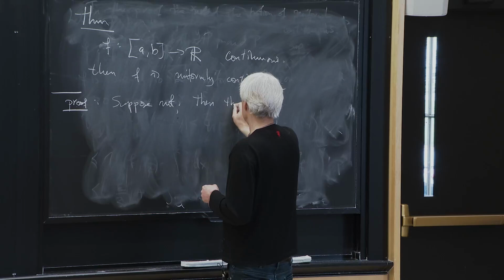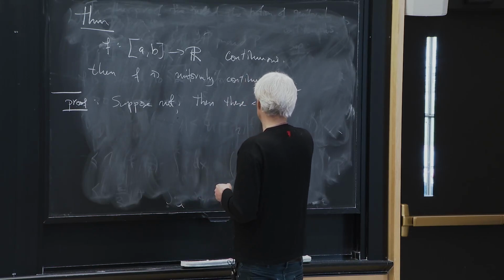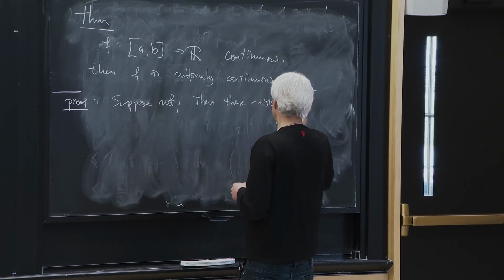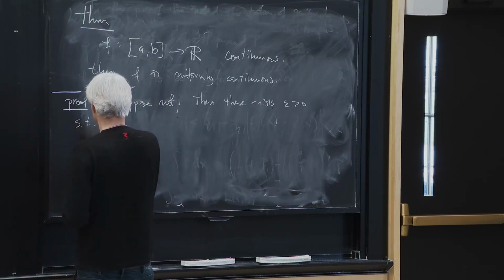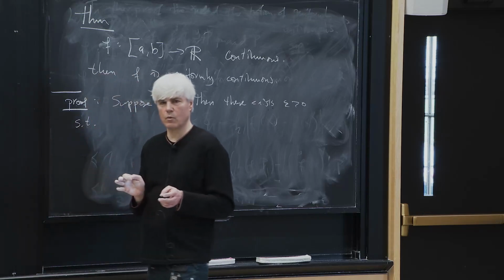So suppose not, then there exists epsilon greater than 0 such that no delta would work.